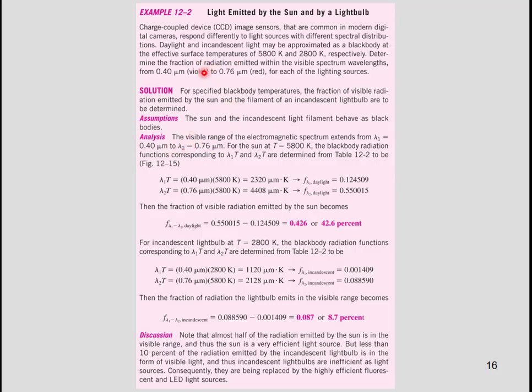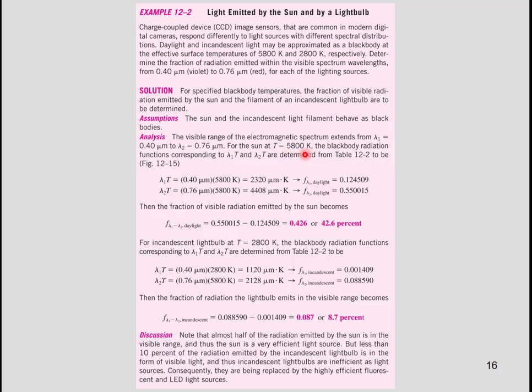As it is mentioned in the question, the visible range of the electromagnetic spectrum extends from lambda 1 equal to 0.40 micrometer and lambda 2 equal to 0.76 micrometer, which is mentioned here. So we have lambda 1 and lambda 2, and we have the temperature for the sun, which is 5800 Kelvin.